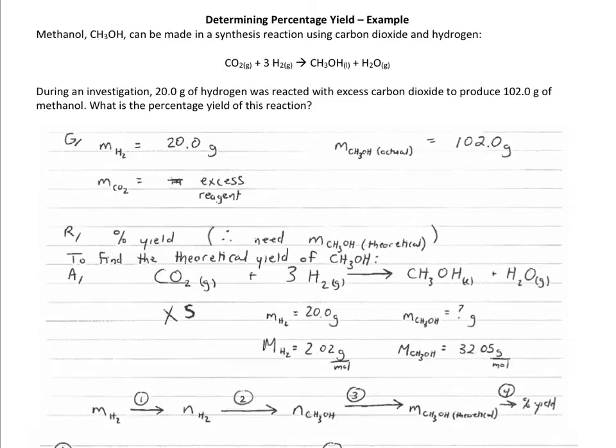And so what we need to figure out in order to find the percent yield is the theoretical yield. So what should be produced in theory if the process is 100% efficient.